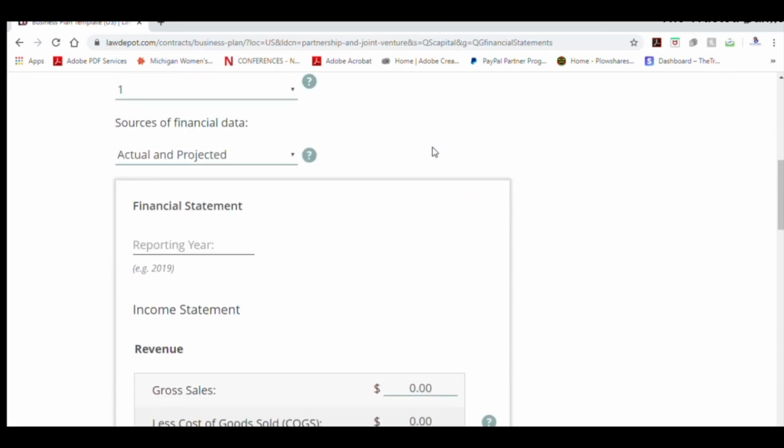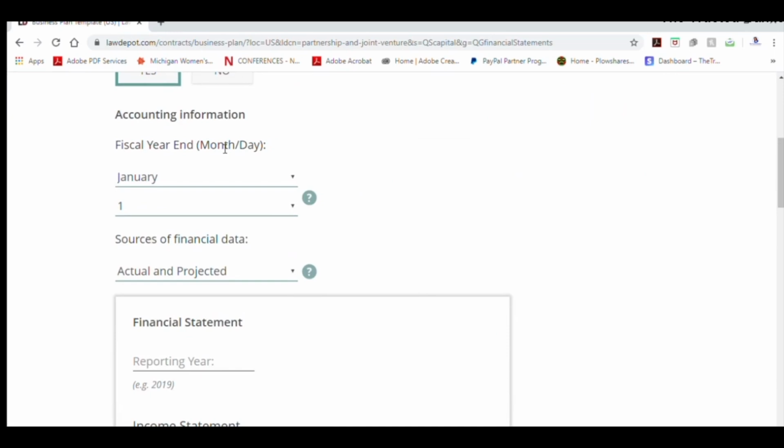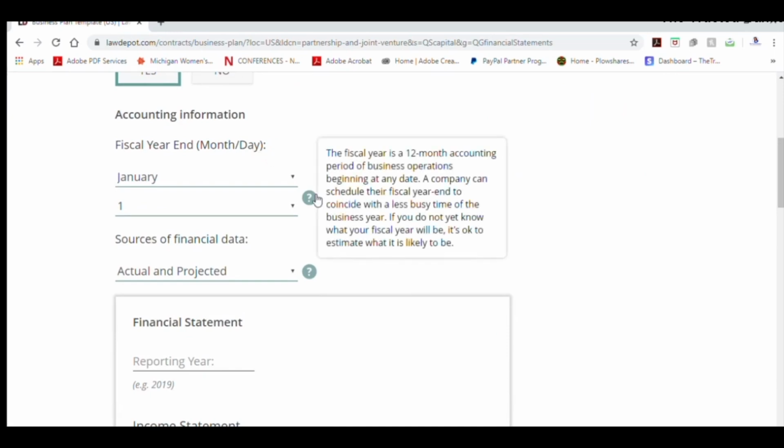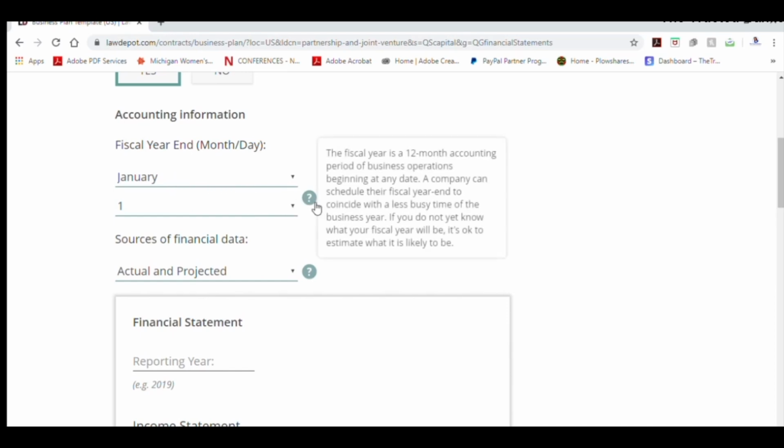A lot of times these are forecasted projections. So you want to determine first, what is your fiscal year? My fiscal year is January to December. Some different organizations, depending upon what month they founded their business, if they started in June, then their fiscal year begins June 1st and ends the following May 31st, something like that.